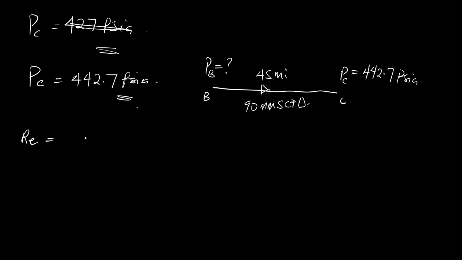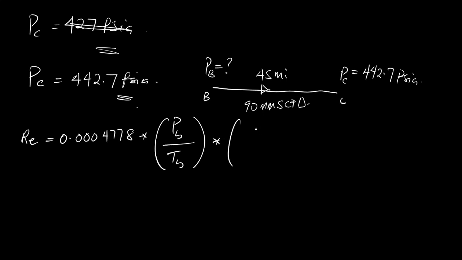So now the Reynolds number formula is 0.0004778 times bracket open base pressure divided by base temperature bracket close times gas gravity times the flow rate, the volume flow rate divided by the viscosity divided by D.